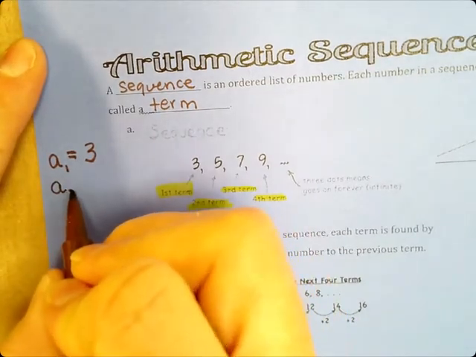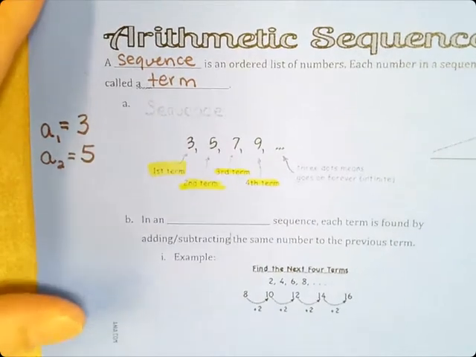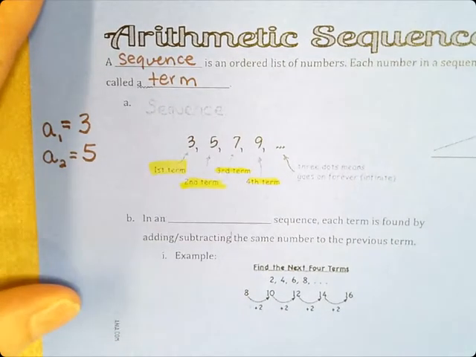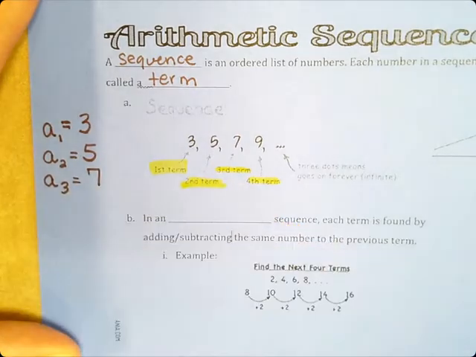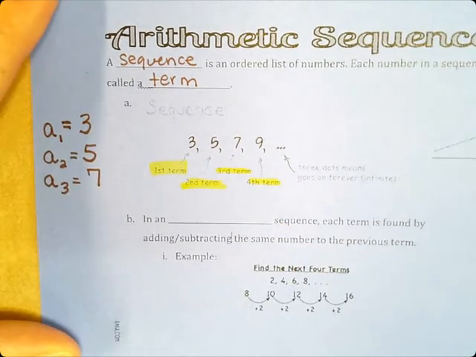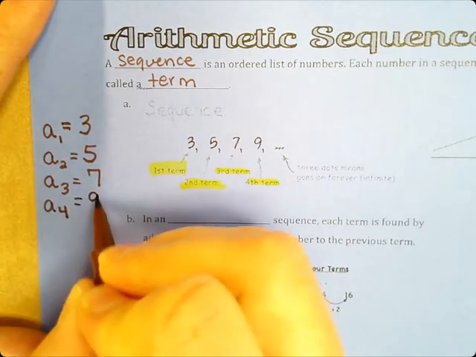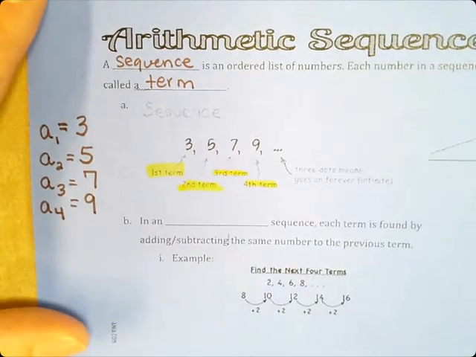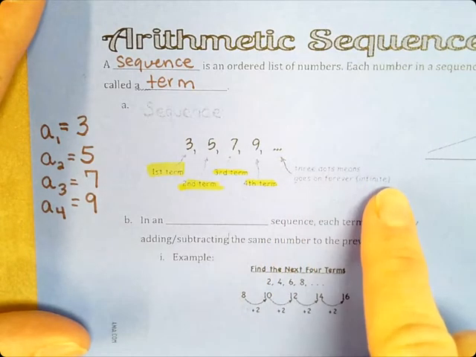So A2 equals 5. A3 equals 7. A4 equals 9. The 3 dots means goes on forever. It's infinite.